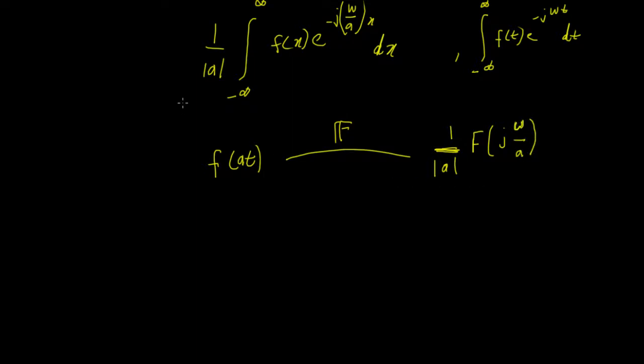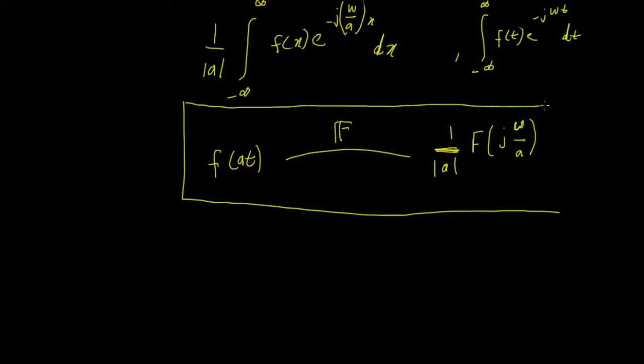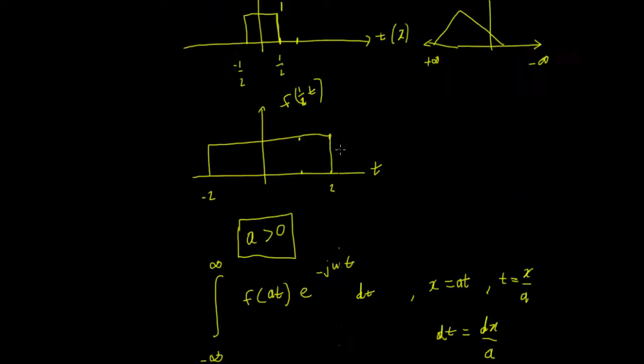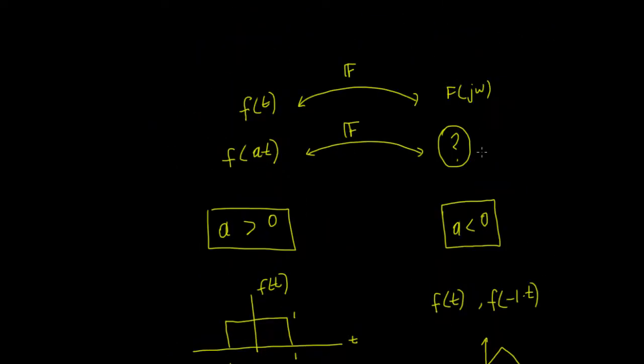So that's a little Fourier transform, and that term there, 1 upon mod a f of j omega upon a, that there is our question mark, okay.